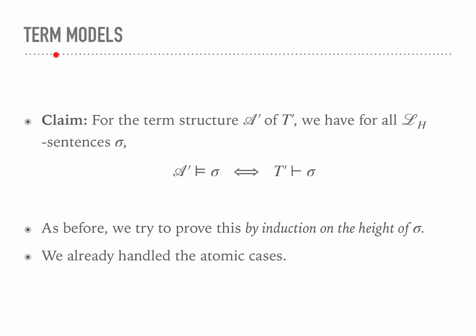Now we return to our term models and try to prove the theorem that, when we started out with term models and term structures, we were not able to fully push through the induction. So again, the claim is for the term structure, the canonical term structure A prime of our Henkin theory T prime, that for all L^H sentences sigma, A prime satisfies sigma if and only if T prime proves sigma.